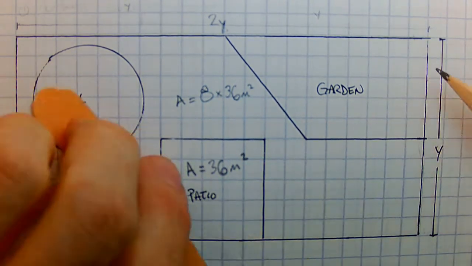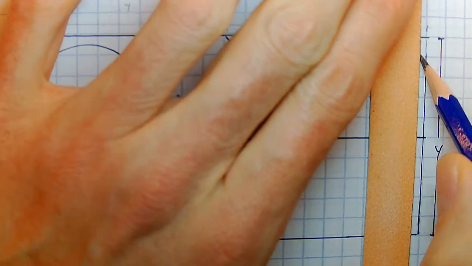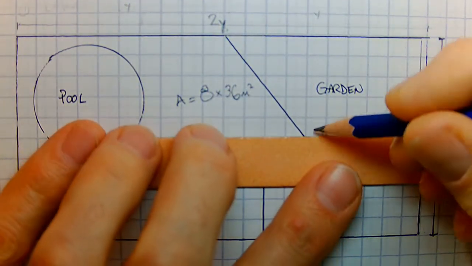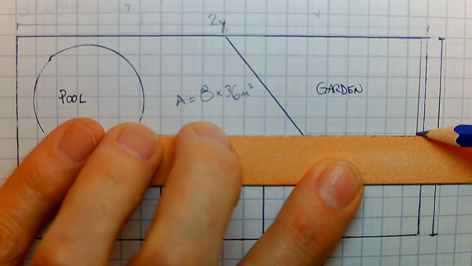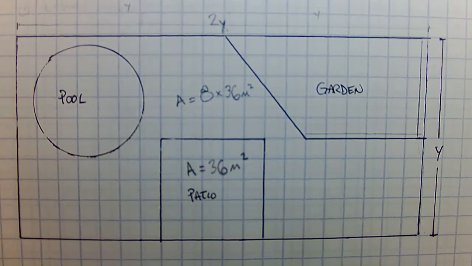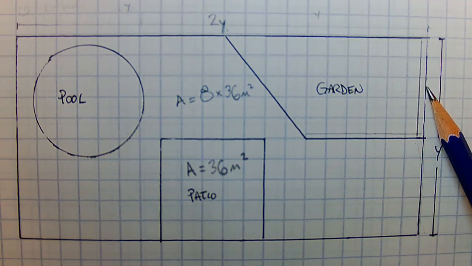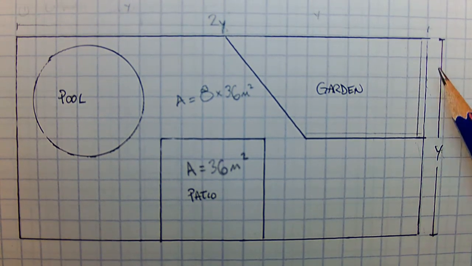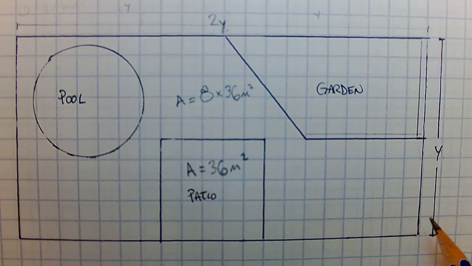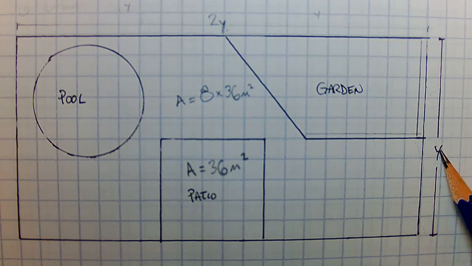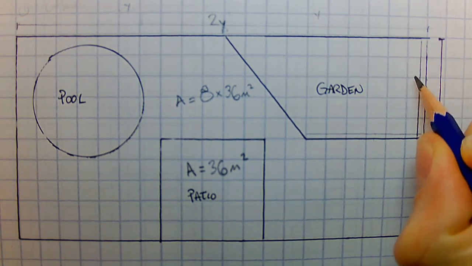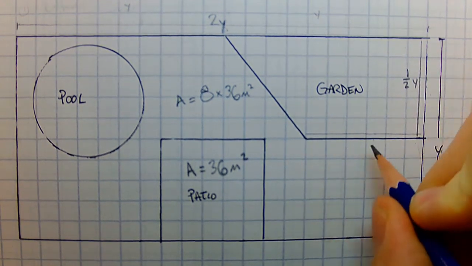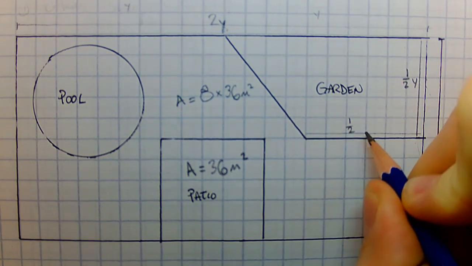So that means this dimension here and this dimension here are congruent. So these sides, this side and this side, are congruent, and they are also half the size of this dimension, which is represented as the letter Y. So we could say this side is 1/2 Y, and this side is 1/2 Y.